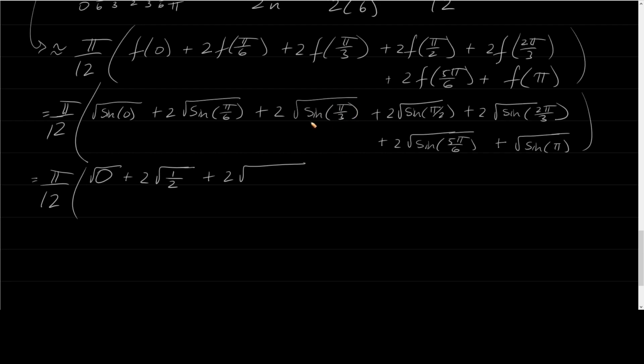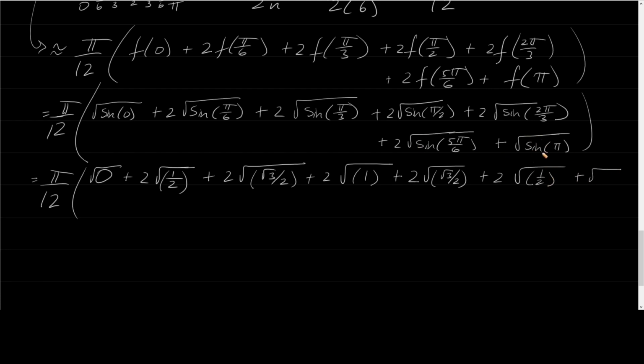Sine of pi over 3 is radical 3 over 2, plus 2 times the square root of sine of pi over 2. Sine of pi over 2 is just 1, plus 2 times the square root of sine of 2 pi over 3. That is radical 3 over 2, plus 2 times the square root of sine of 5 pi over 6. Sine of 5 pi over 6 is 1/2. And finally, plus the square root of sine of pi. Sine of pi is 0.